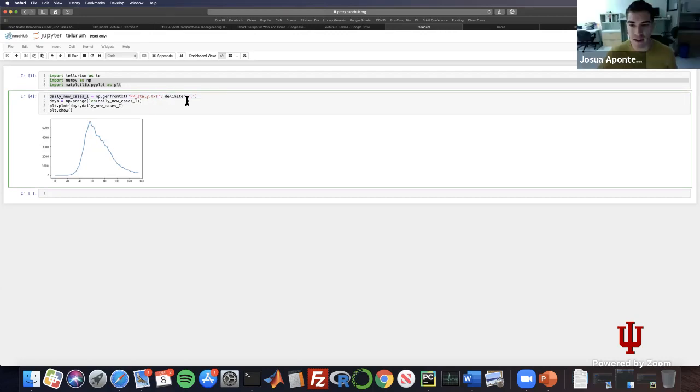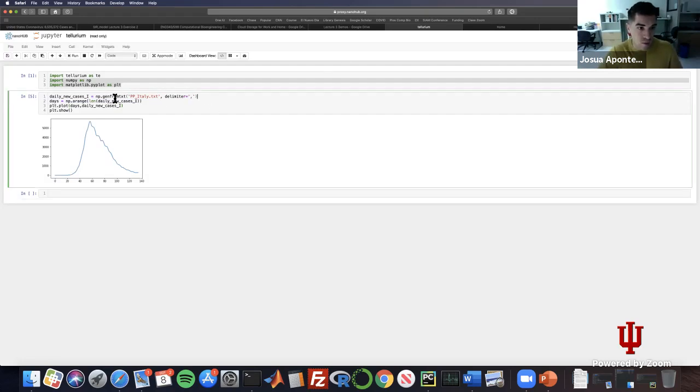Depending on how the data is stored, you might need to pass on more options. In this case, it was just a one-dimensional array divided by commas. So this is what this is stating. I'm counting the number of days by counting how many data points I have in my array, and then the Matplotlib function is just plot my days against my new cases.